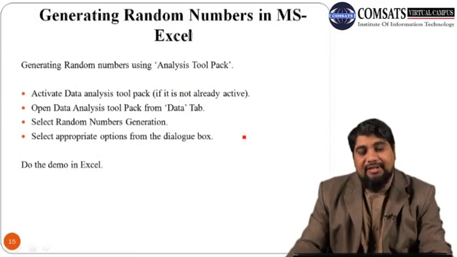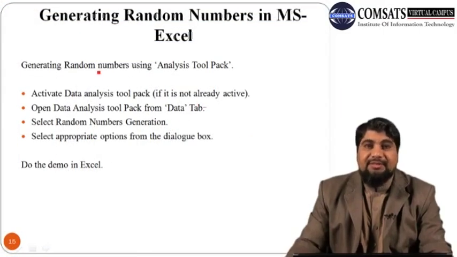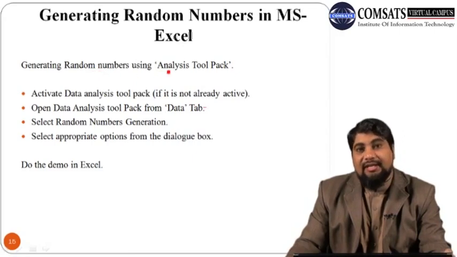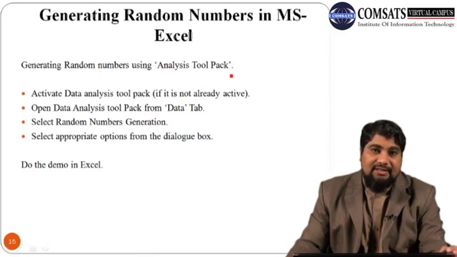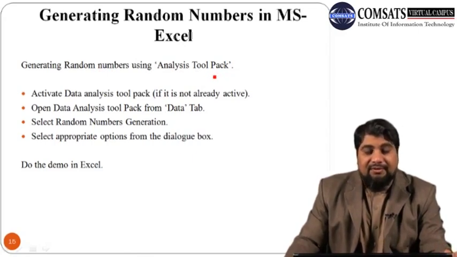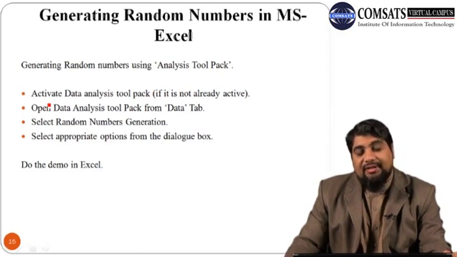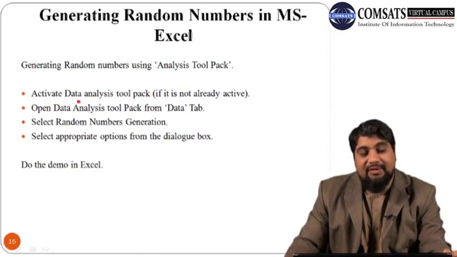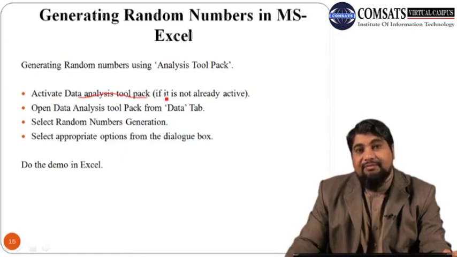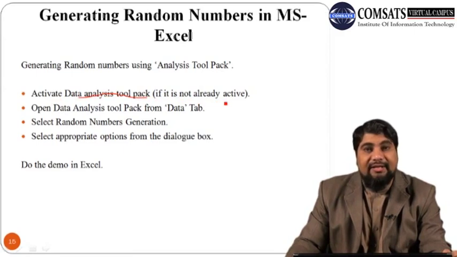We can also generate uniform random numbers using the Excel add-in, the Analysis ToolPak, or Data Analysis Excel add-in. The first step is to activate the Analysis ToolPak, if it is not already active.